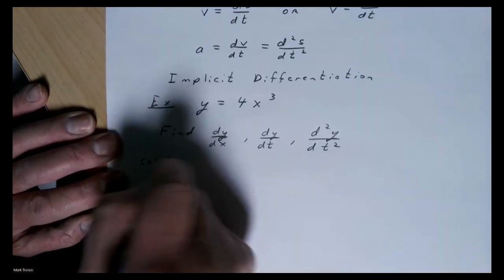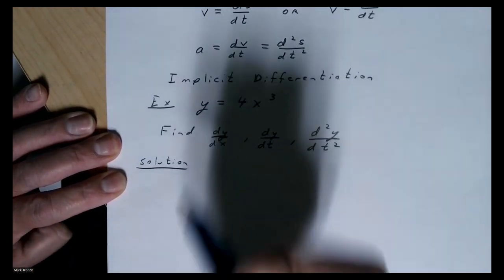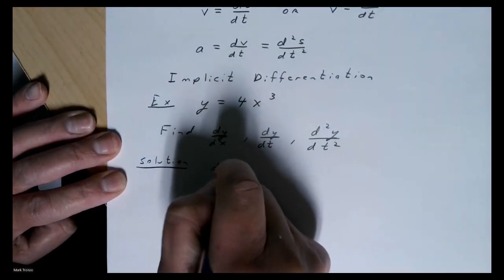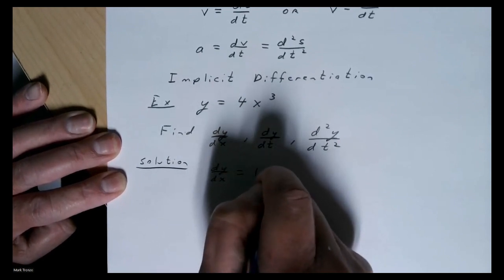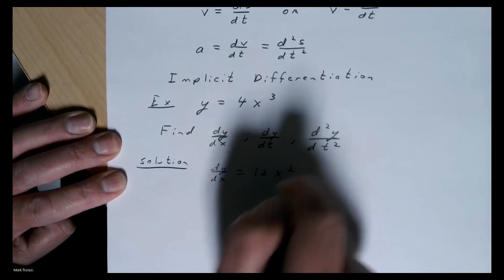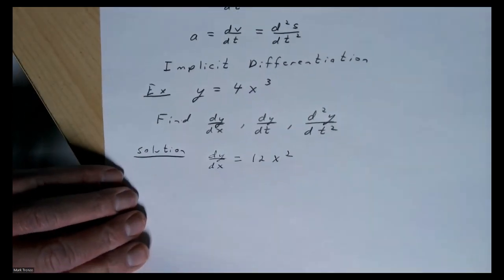So, of course, if we're looking just for dy/dx, we just do our normal differentiation. So that's going to be just dy/dx equals 12x squared, like that. That's what we're most used to.